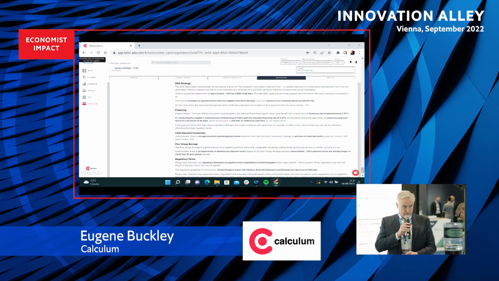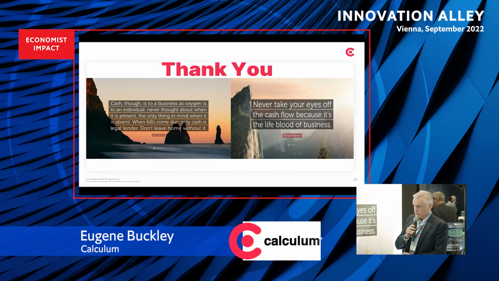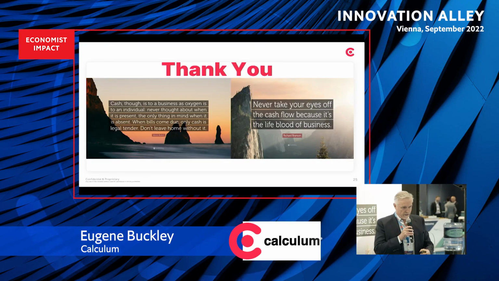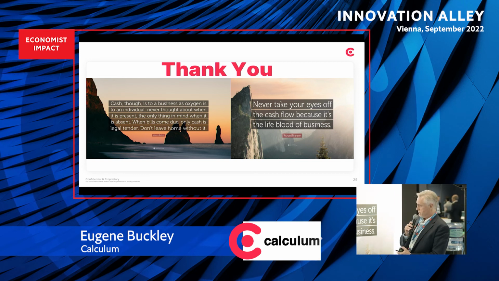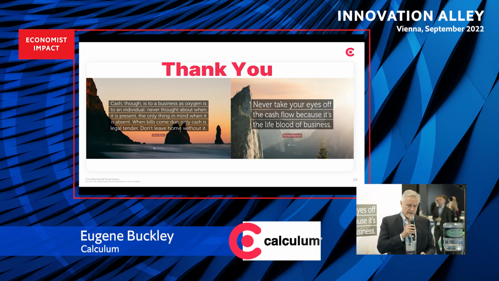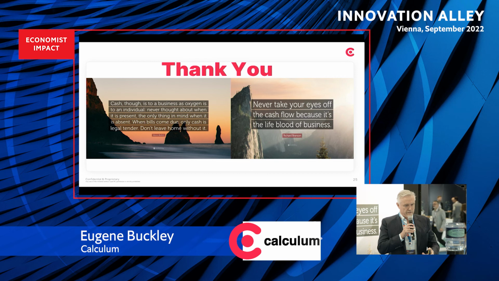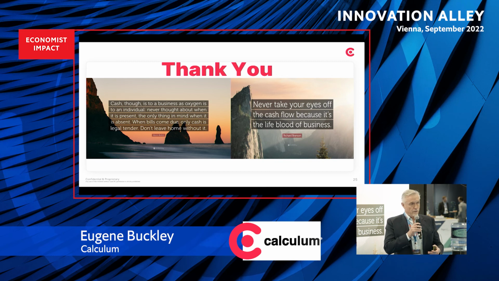This is a very quick overview. There's a lot more feature functionality in here. And before I go to questions, I know you don't need a statement from Warren Buffett or Richard Branson about the importance of cash. But I thought I'd throw it up there anyway, because what we're looking to do with corporations is to move them from a project-based mentality on working capital to a day-to-day part of the wallpaper.